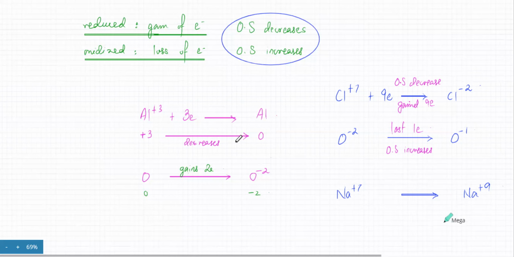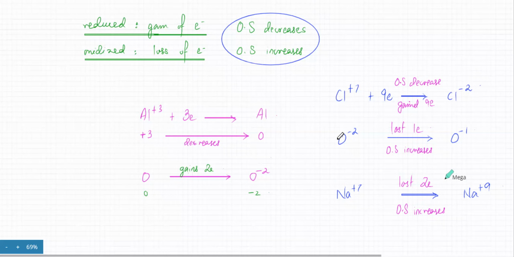What happened to the oxidation state? It increases by 2. So when it increased, it means it lost 2 electrons. Okay? Focus on that. If oxidation state increases, that means it's a loss of electrons. If it decreases, it means a gain of electrons.